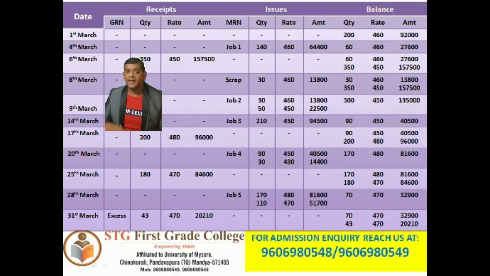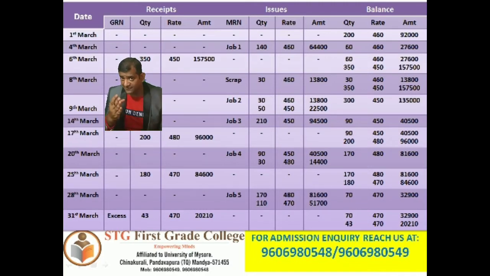Next, on 4th March, there is an issue to job 1. Whenever an issue comes, all receipts columns will be nil: GRN nil, quantity nil, rate nil, amount also nil. Under issues, job 1 in the MRN column, quantity 140 units we have issued, at the rate of 460 rupees.